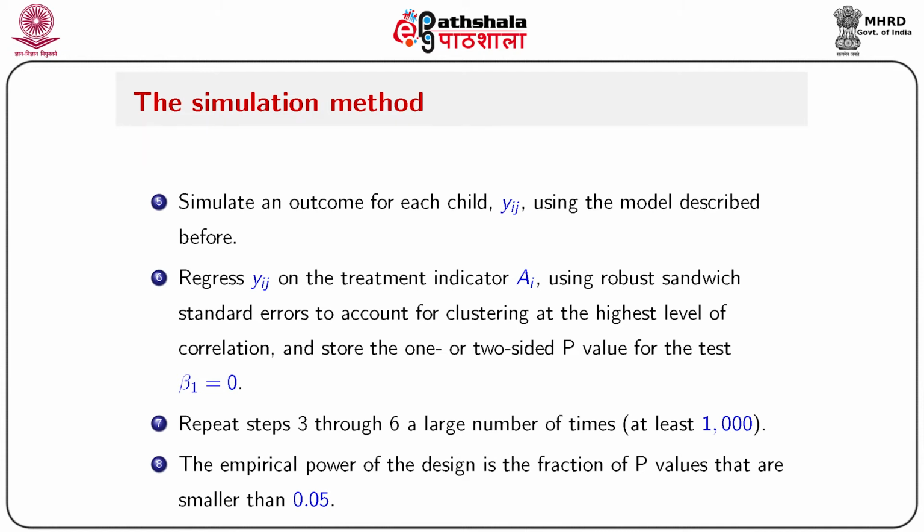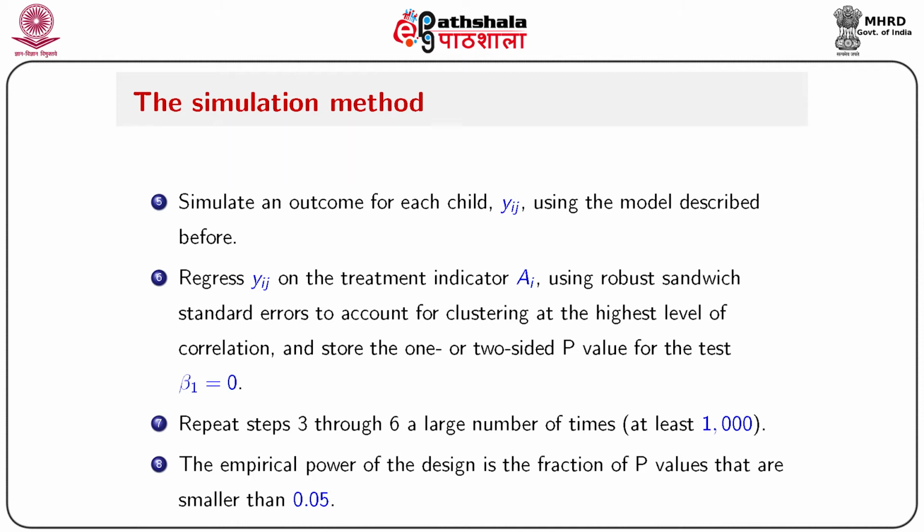Then regress Yij on the treatment indicator Ai using the robust sandwich standard error to correct for clustering at the highest level of correlation, and store the one- or two-sided p-value for the test beta 1 equals 0. Repeat steps 3 through 6 a large number of times, say at least 1000 times.